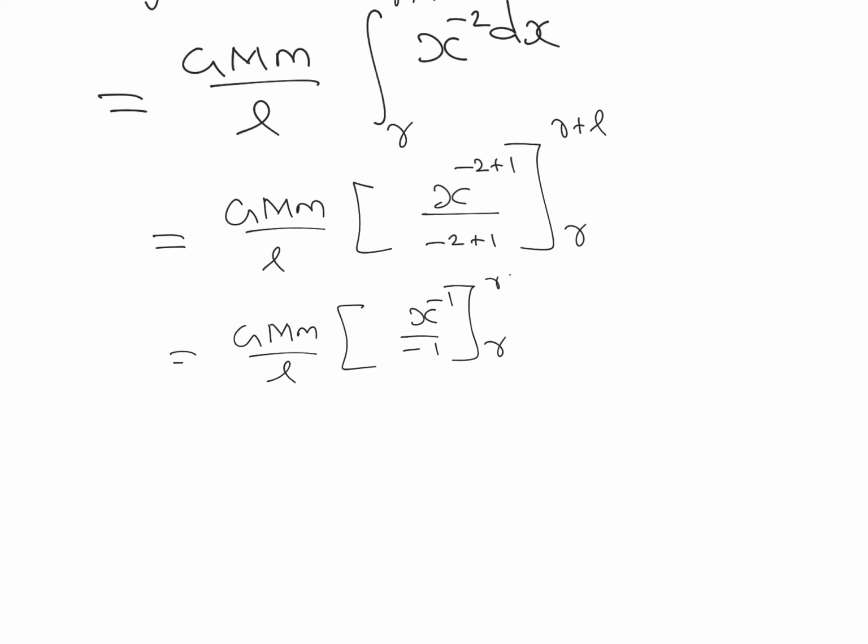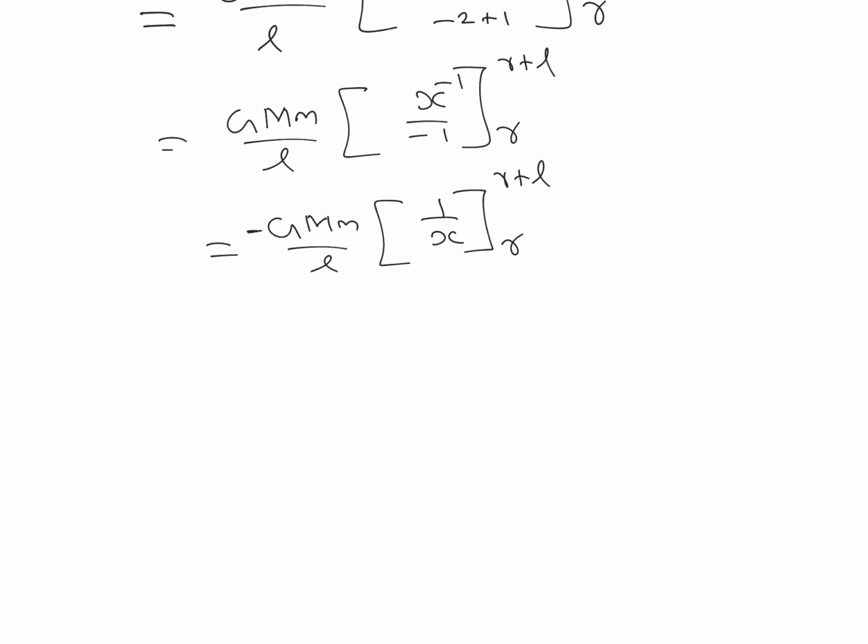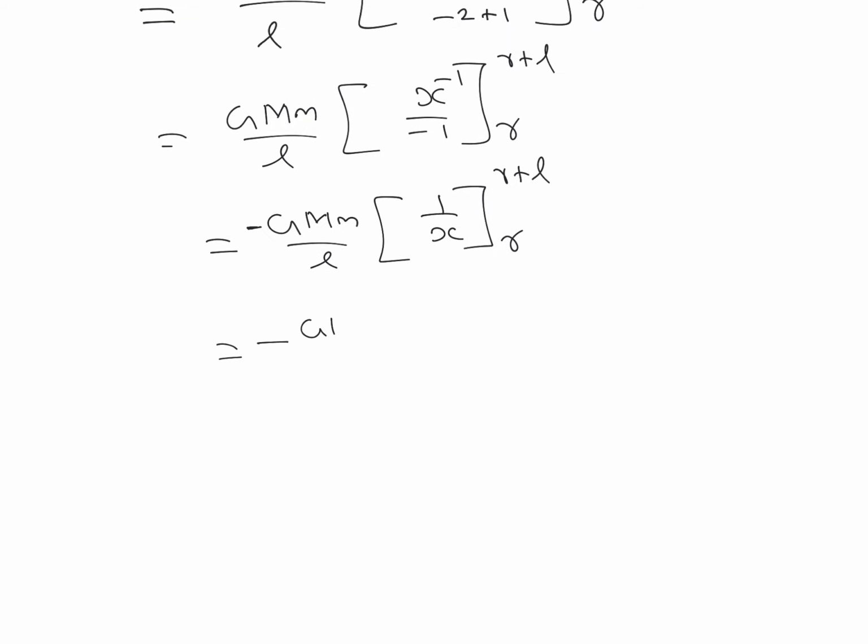We take the negative sign outside, and x raised to minus 1 is 1 divided by x, with the limit from r to r plus L. So we get minus of G M m divided by L into, instead of x, r plus L, minus, instead of x, r. This is 1 by r plus L minus 1 by r.